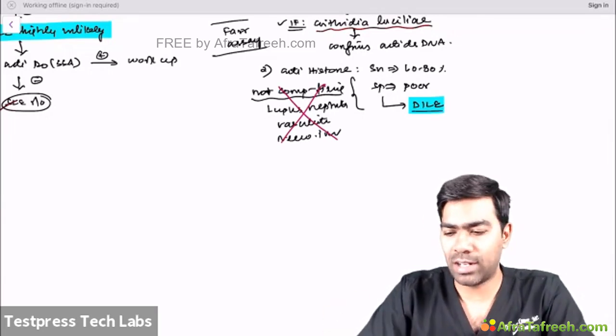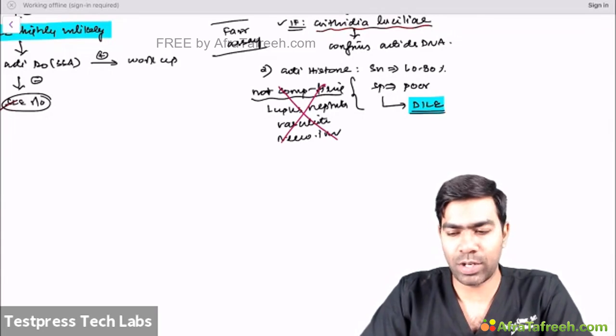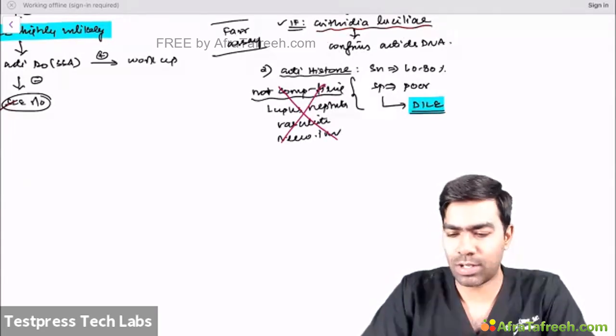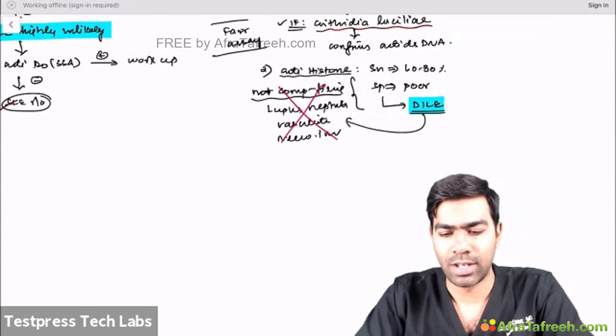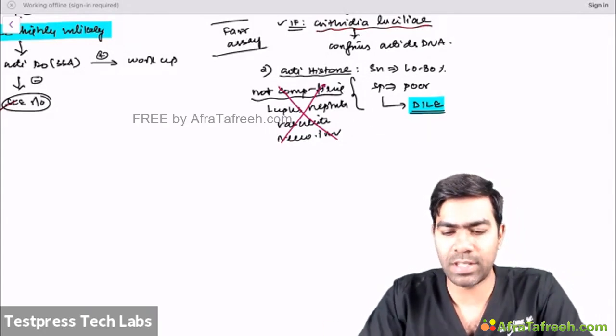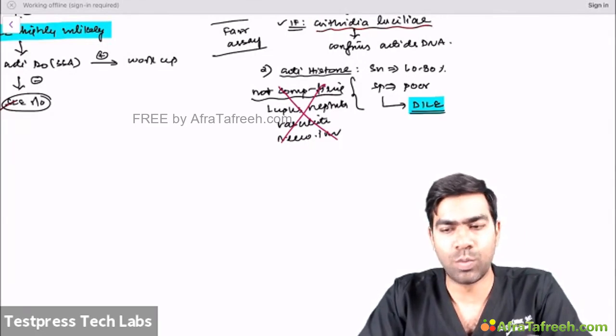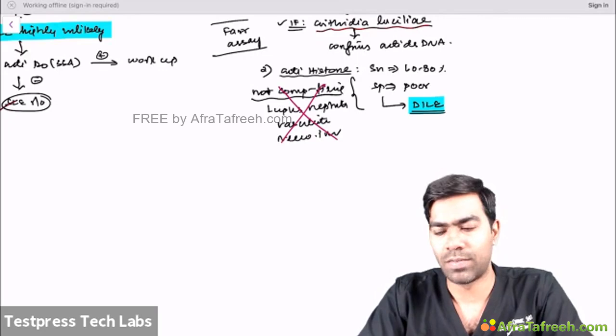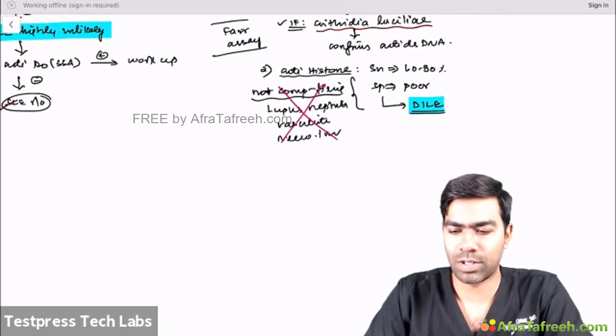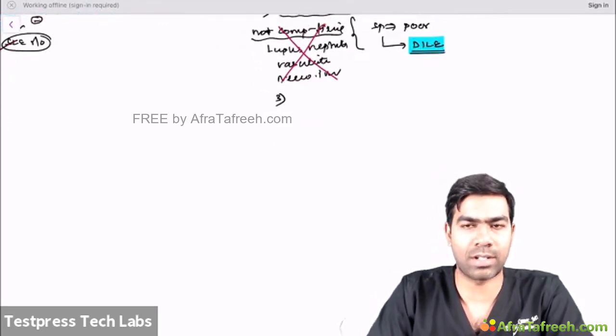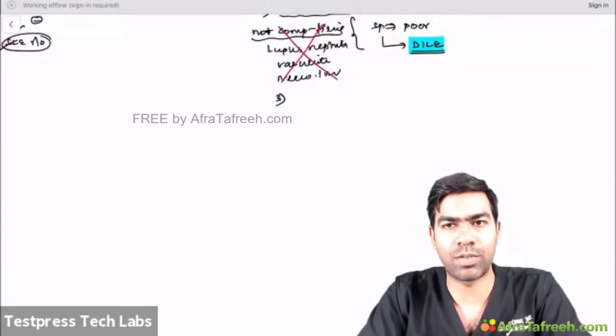Because in DILE, the only antibody that you are going to see is the anti-histone antibody. That is the reason why in drug-induced lupus you don't see all these things. If they ask what will not be seen in drug-induced lupus erythematosus, I will tell lupus nephritis, lupus vasculitis, and neurological involvement are not possible in drug-induced lupus, which are very common in systemic lupus erythematosus. That is because of the anti-histone antibody, which is not going to fix any complement.